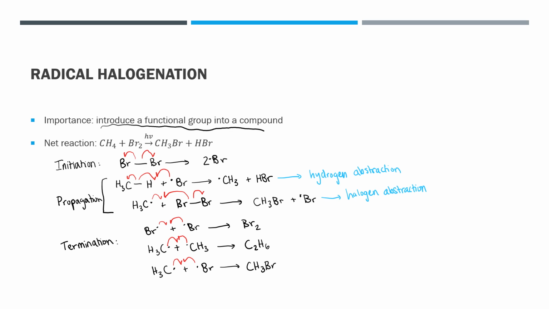So functional groups such as halogens or halides are important in organic molecules. We can interconvert between functional groups relatively easily, but if we only have an alkane, say just propane, with no functional groups, it's really difficult to do anything. So to introduce a functional group into an alkane and be able to do cool chemistry, we use radical halogenation.